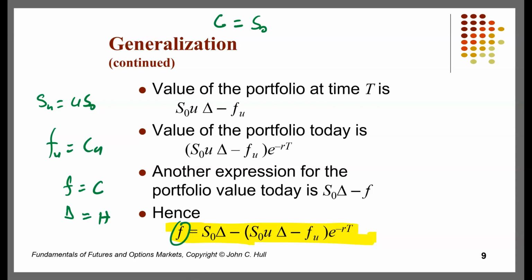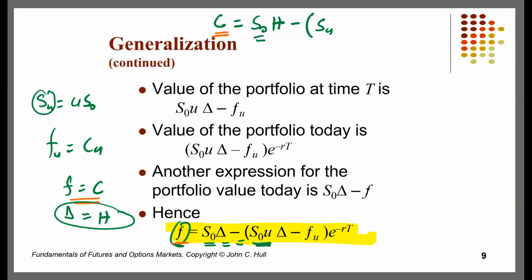And so F, which is our call price, is going to be equal to S0 delta, and we said delta is h, so H minus, that's the minus here, S0 multiplied by U, that's S up.